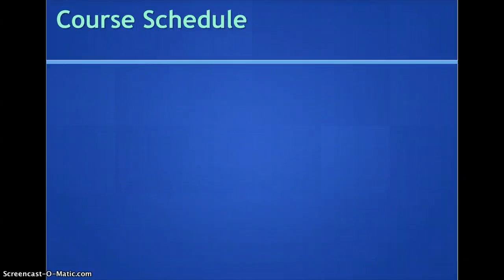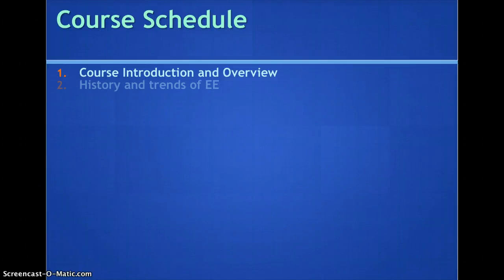So, week by week, this is what the schedule looks like. The first week is an introduction to the class and an overview. So this will get the students familiarized with each other, with the program or the class, with the syllabus, and working on group agreements within the class.